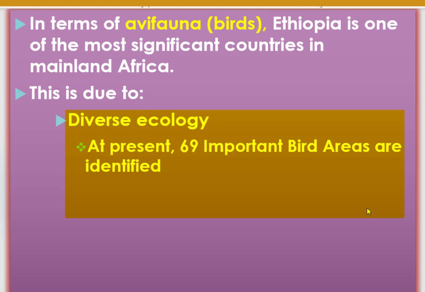At present, there are more than 69 important bird areas, which are also important for large number of other groups of animals, identified by the Ethiopian Wildlife and Natural History Society. This makes Ethiopia rich in avifauna or bird species.